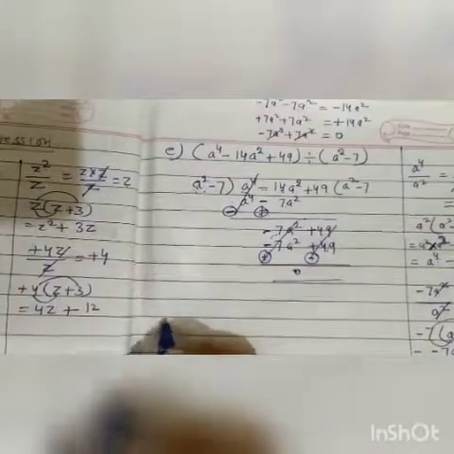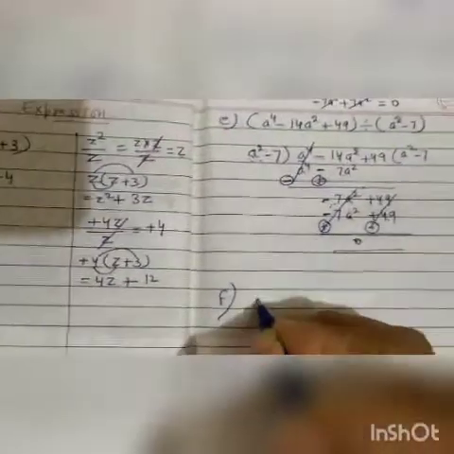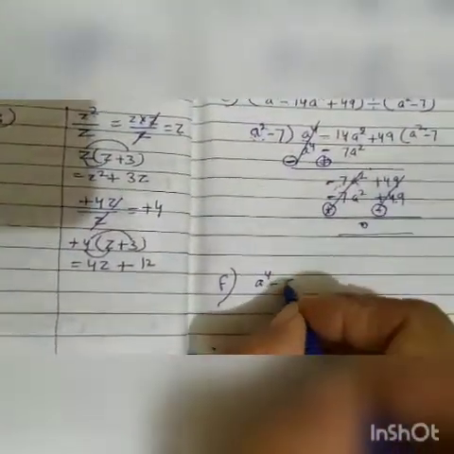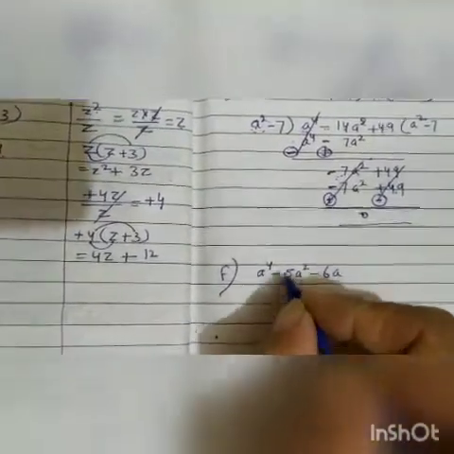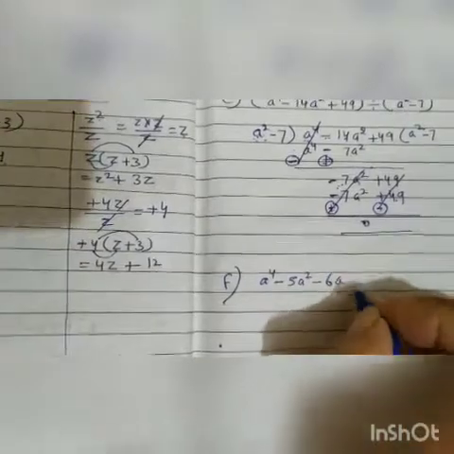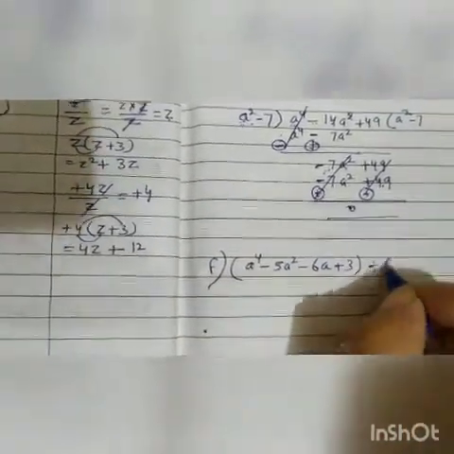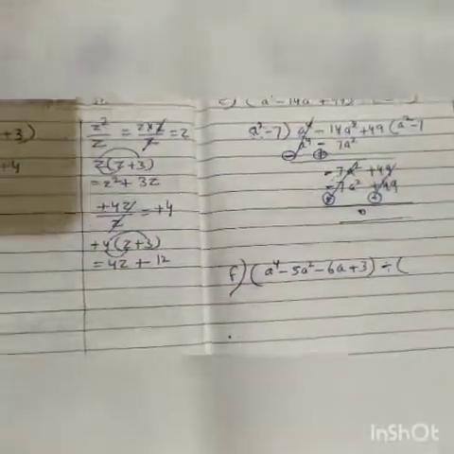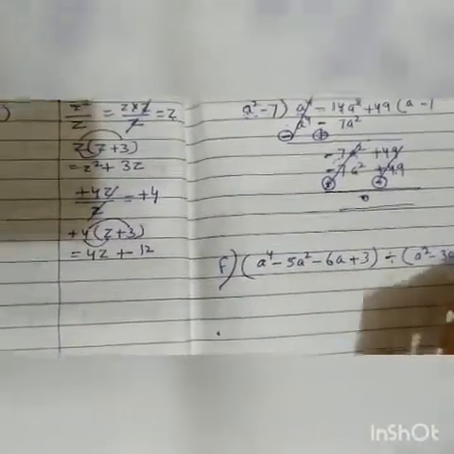Come to next part, F. In F part, the question is a power 4 minus 5a square minus 6a plus 3 divided by a square minus 3a plus 1.